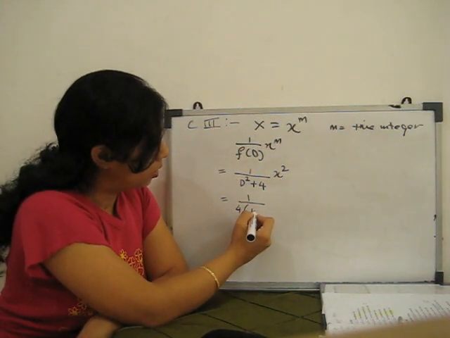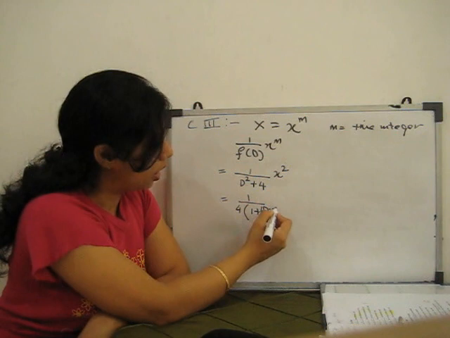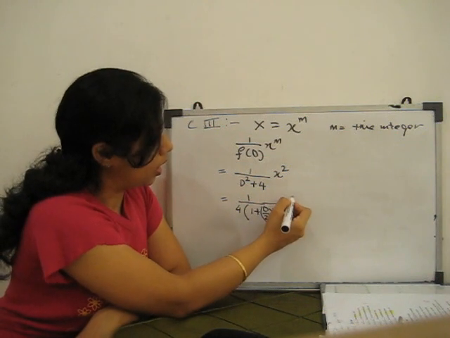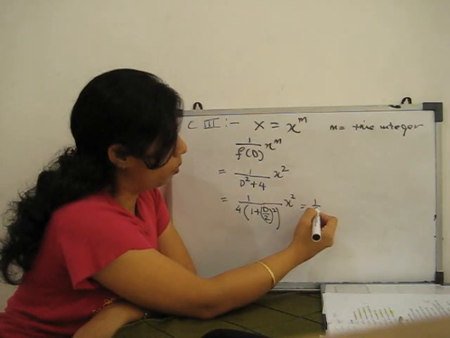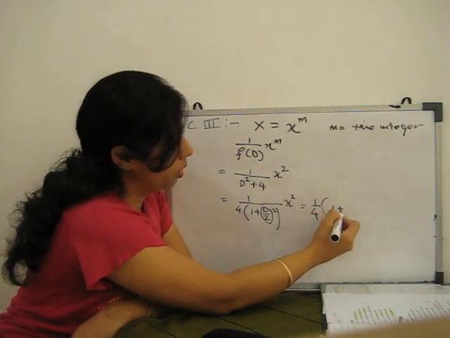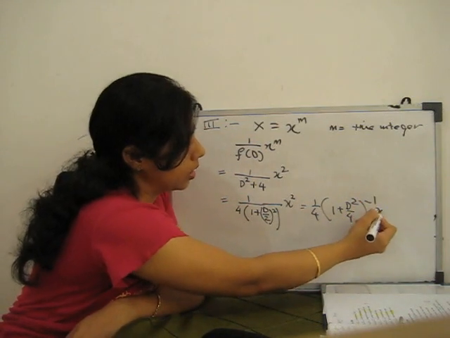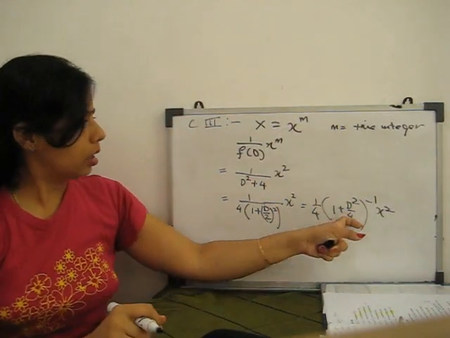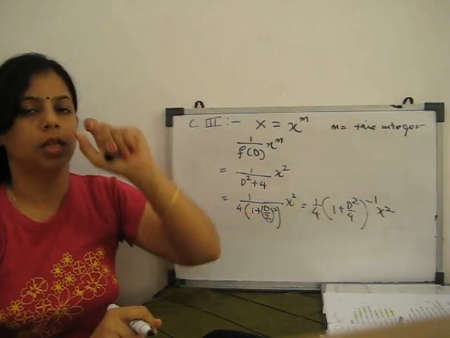So 1 plus D square by 4 we can write. This comes up as 1 by 4, 1 plus D square by 4 inverse, x square.